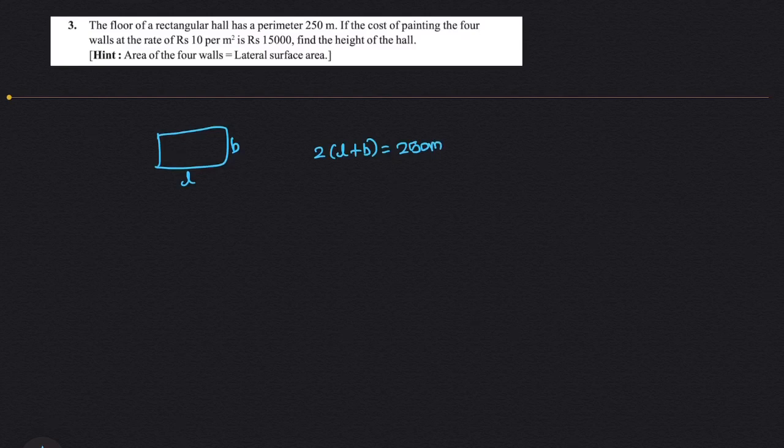And the painting is on the 4 walls. So this side is multiplied by the particular height. So 2 times (L plus B) multiplied by height is equal to the total area, the area of 4 walls.